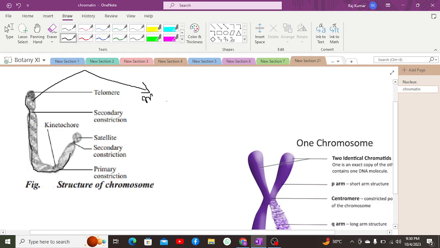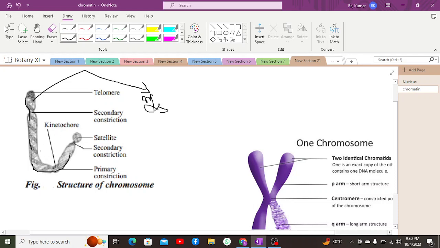Inside the matrix, there is double-stranded DNA, and that double-stranded DNA is present in one chromatid. In one chromatid, there is one complete double-stranded DNA. In a complete chromosome, there are two double-stranded DNA.